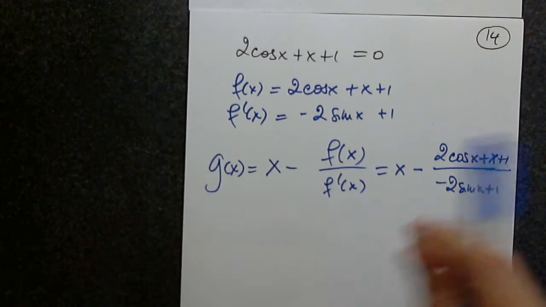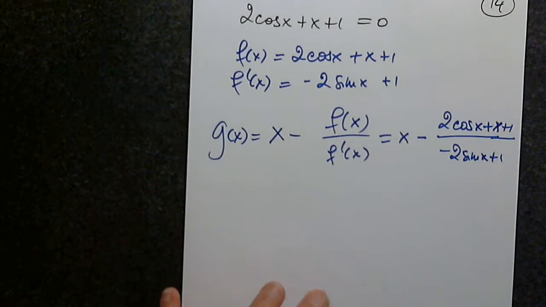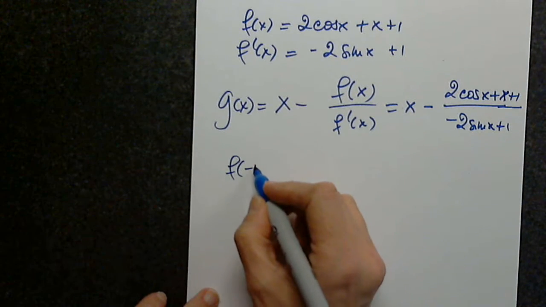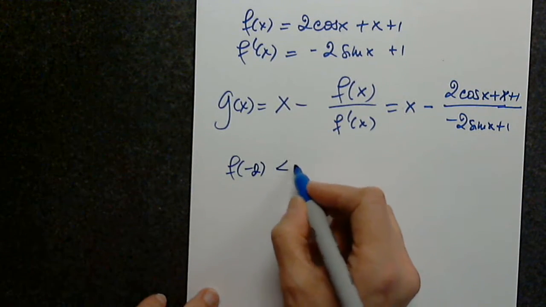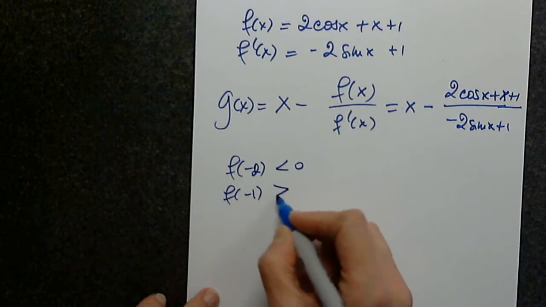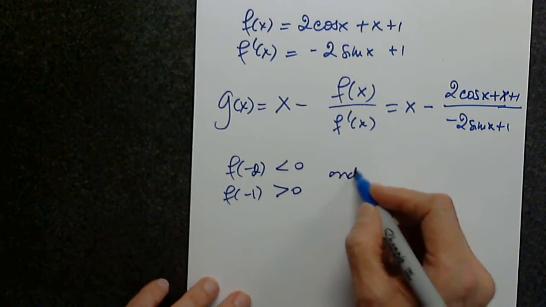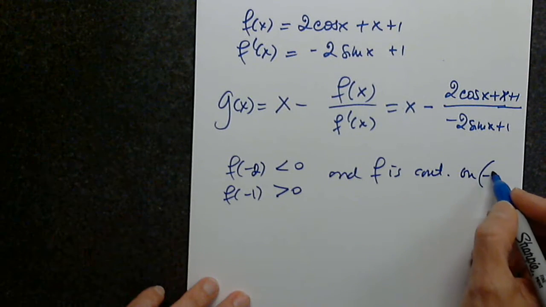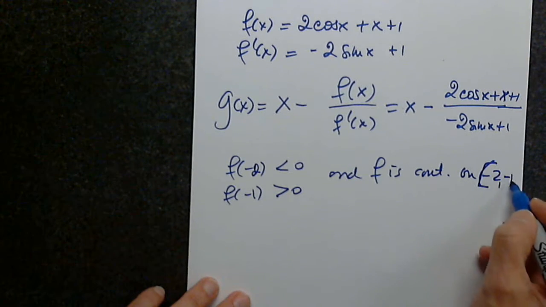So let me go back and write those steps. I have to write that f of -2 is less than 0. I have to write that f of -1 is greater than 0. And f is continuous on the interval -2, -1.